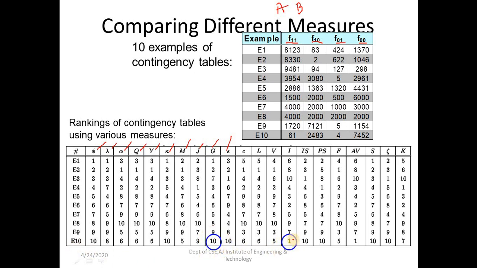So 1 means it is the most interesting, 10 means it is the least interesting. This shows the different rankings of the interestingness measures for each of these examples.